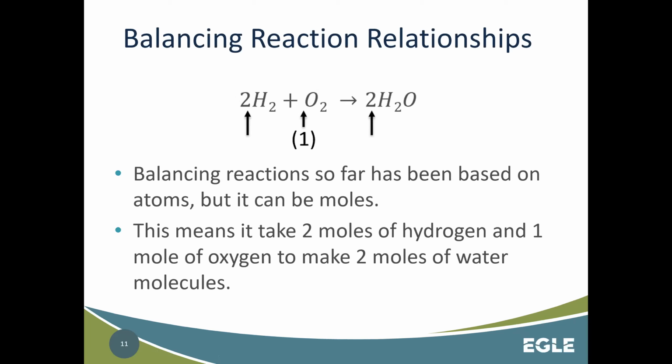So basically, if we do a 2-to-1 reaction here, 2 moles of hydrogen to 1 mole of oxygen, we're going to get 2 moles of water. 1 mole of water weighs 18.02. So what would 2 of them weigh? 36.04 grams.